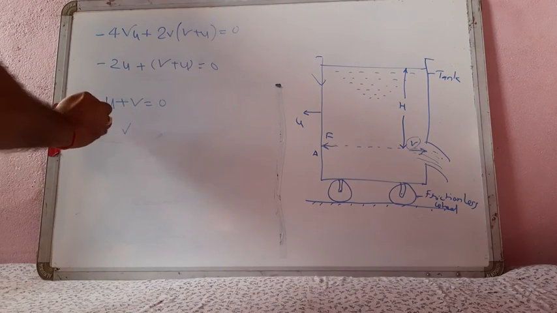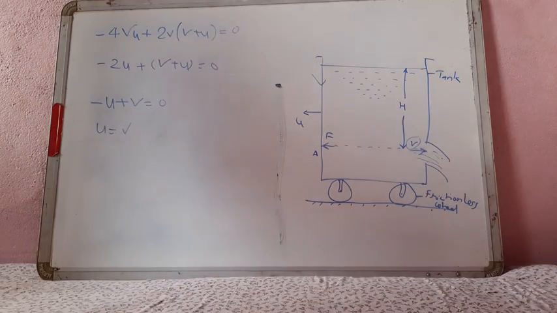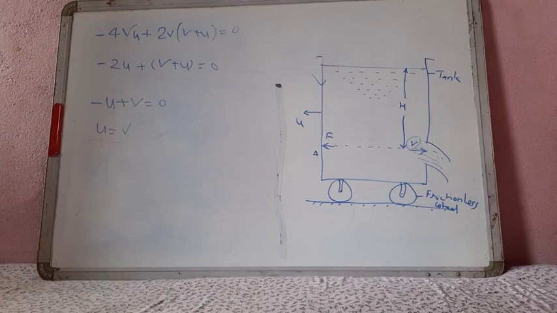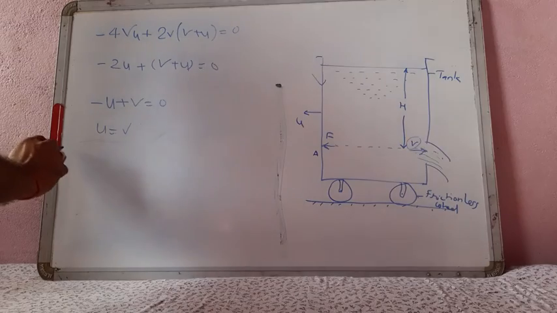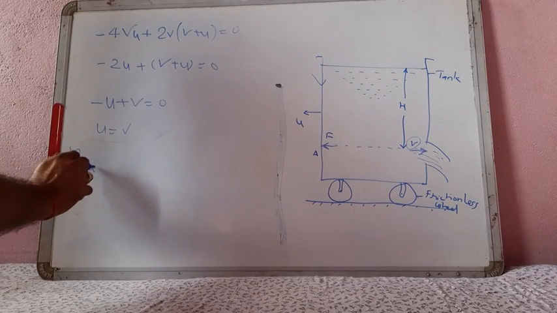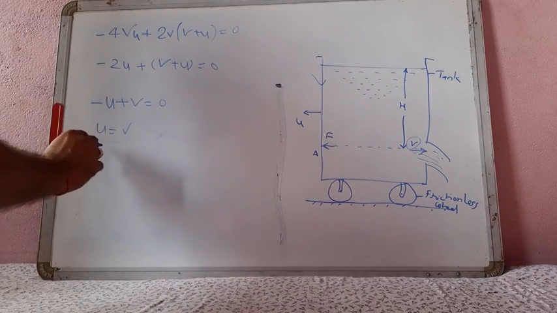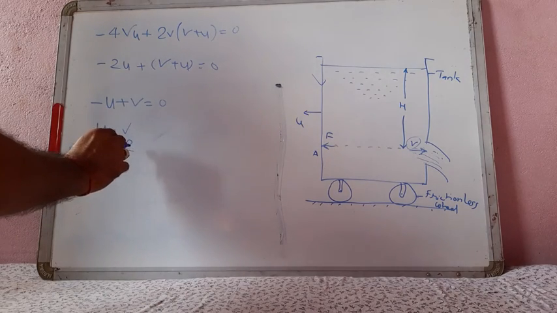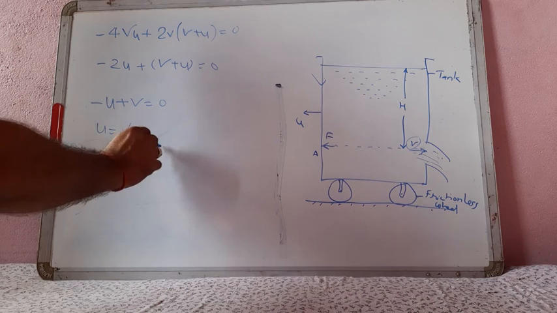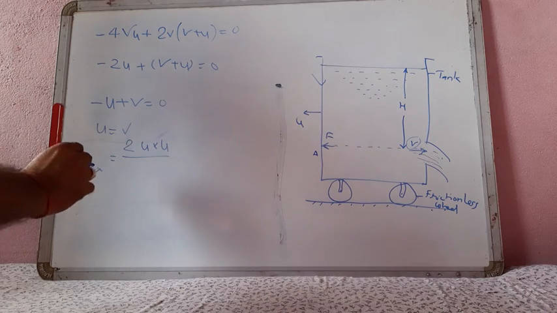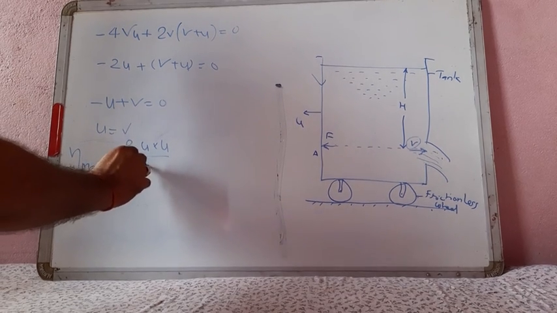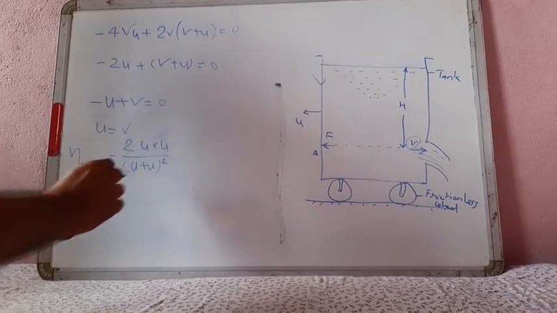When u is equal to v, substituting the values in the previous equation, eta max is 2 into u divided by (u plus u) square.